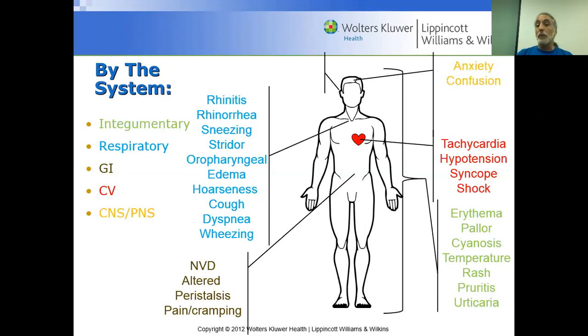Central nervous system, peripheral nervous system: anxiety, confusion, seizures, altered behaviors. And finally, in the ears, with the buildup of fluid and the inflammation, bulging tympanic membrane.